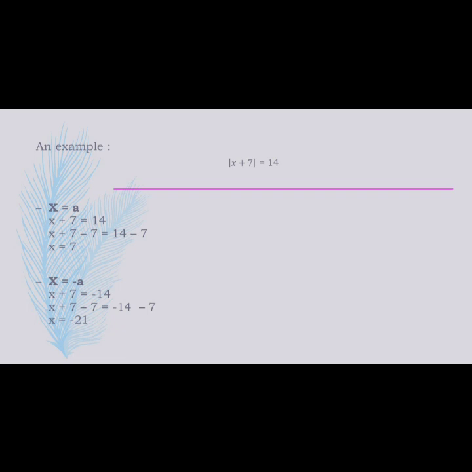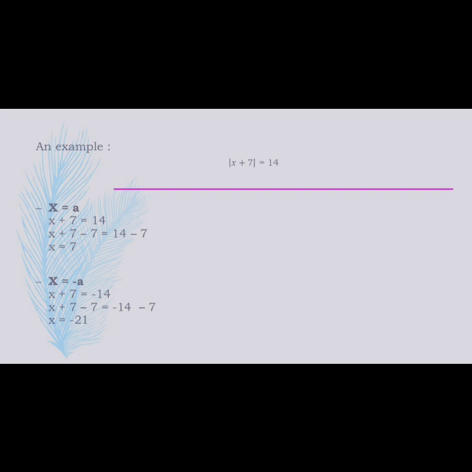Next, an example of an absolute value equation is the absolute value of x plus 7 equals 14. Like I said, the absolute value equation has two solutions: x equals positive a and x equals negative a.